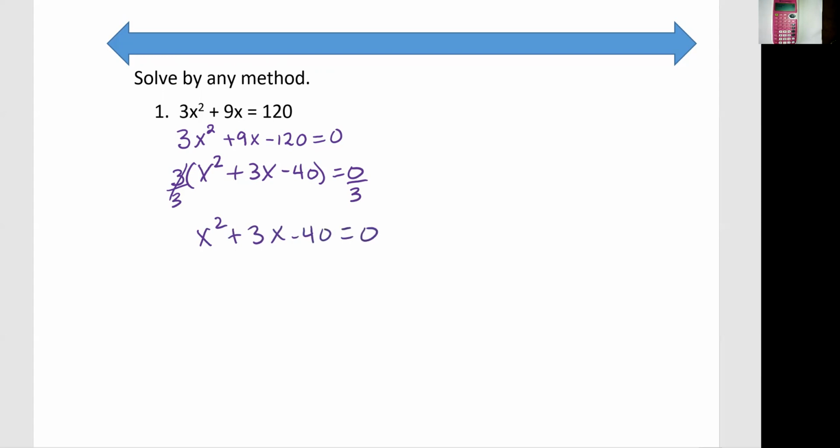Factors of -40 that add to +3. So what's important here is that you have the answers of -8 and 5. Not so much that you factored. These can be solved by any method.